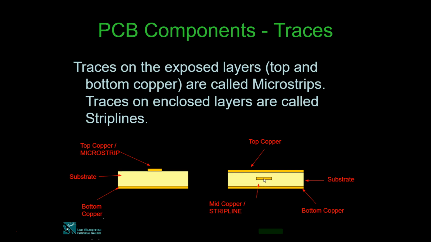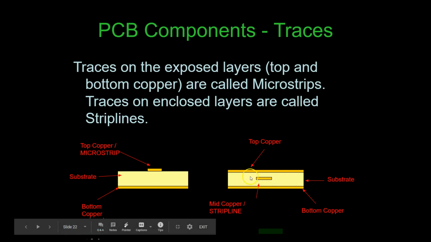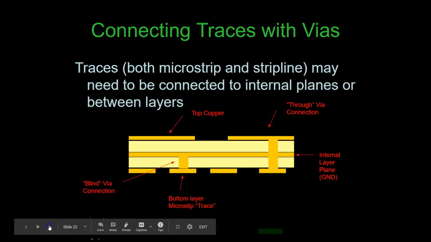These smaller trace widths enable greater circuit densities, which in turn enables a more compact design. The internal layer routing of strip line also reduces the electromagnetic interference and provides better hazard protection compared to microstrip. Now moving on to the next slide.